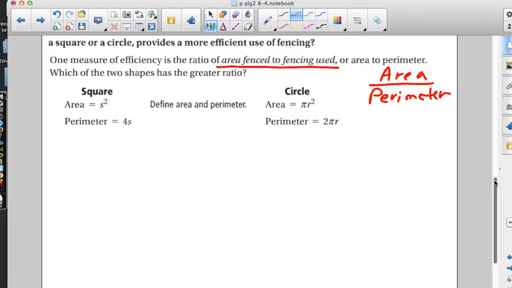And pretty obviously, there are no p's in the area formula. So I want to figure out, well, what can I do that would get me what I need? So I start with this. P equals 4s. And I say to myself, self, there's an s in that area formula. So if I could get this solved for s, I would have something I could substitute into that area formula.